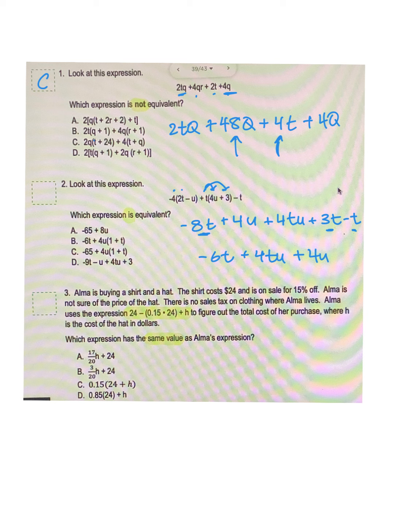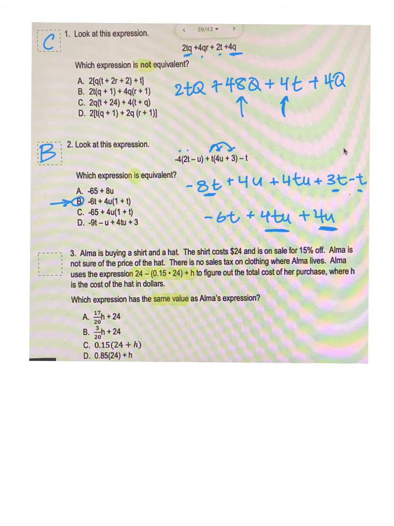So if we look at our choices, there's only one that even has negative 6t. It's B, which means that has to be the right answer. And if you were to distribute that 4u, you would end up with 4u times 1 is the 4u, that's where that comes from, and 4u times t is 4tu. So that's how I know my answer is B.